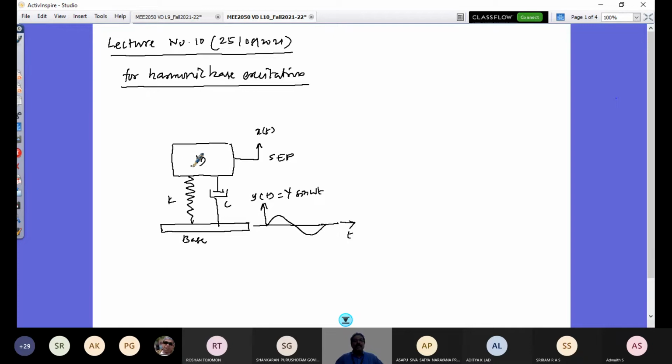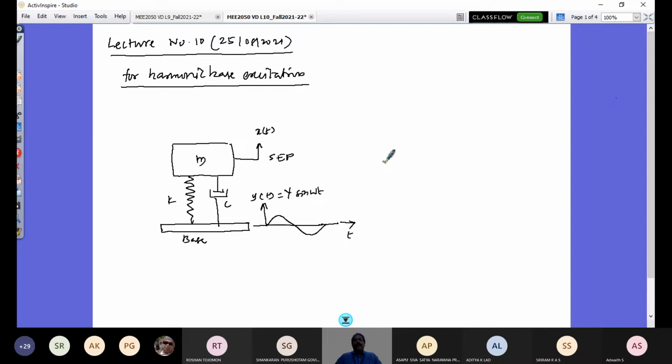So if we assume that this mass now is a car mass, the body mass, and these are representing equivalent spring and damping values of the suspension of the vehicle, you can just see the vertical vibration of your vehicle for a road surface of sinusoidal profile like this. That is what would be analogous. Today what you learn can be applied to such a problem.